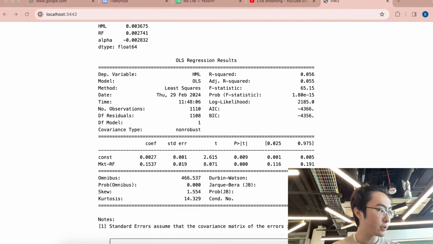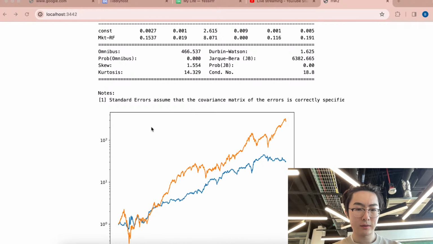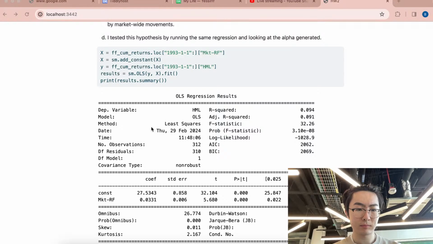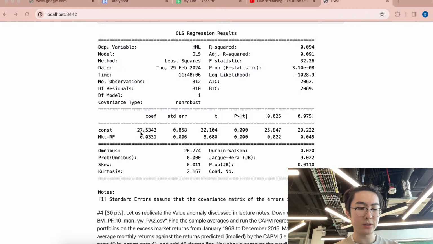Okay, so I still have the same beta, 0.1. So maybe there's low correlation between the market and the high minus low. That means they're rather independent, and there is kind of no alpha. So this is a really high alpha, so let's change this to the scaled returns instead.